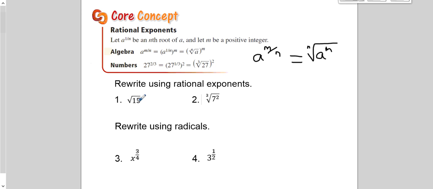Okay, give it a minute, write these down. We actually did these earlier. Let's see if you can do it on your own this time. Rewrite them in the other way. The radical ones you want to write just using the exponents, and the exponent ones you want to rewrite using radicals. On your mark, get set, go. Pause your video for about 1 minute to 1.5 minutes. Write down your answer and then restart your video to check.